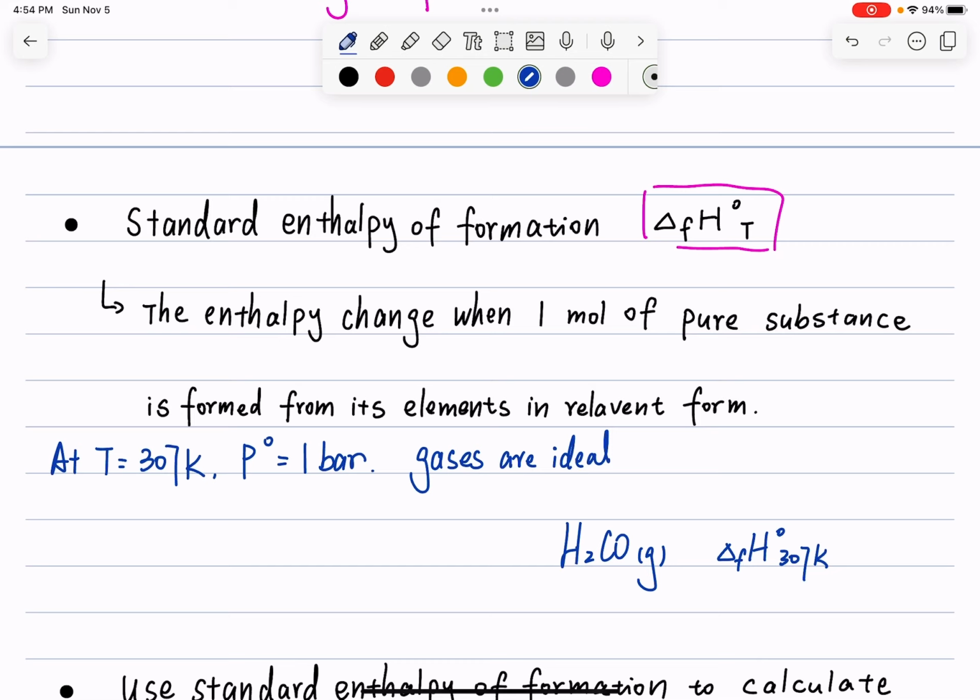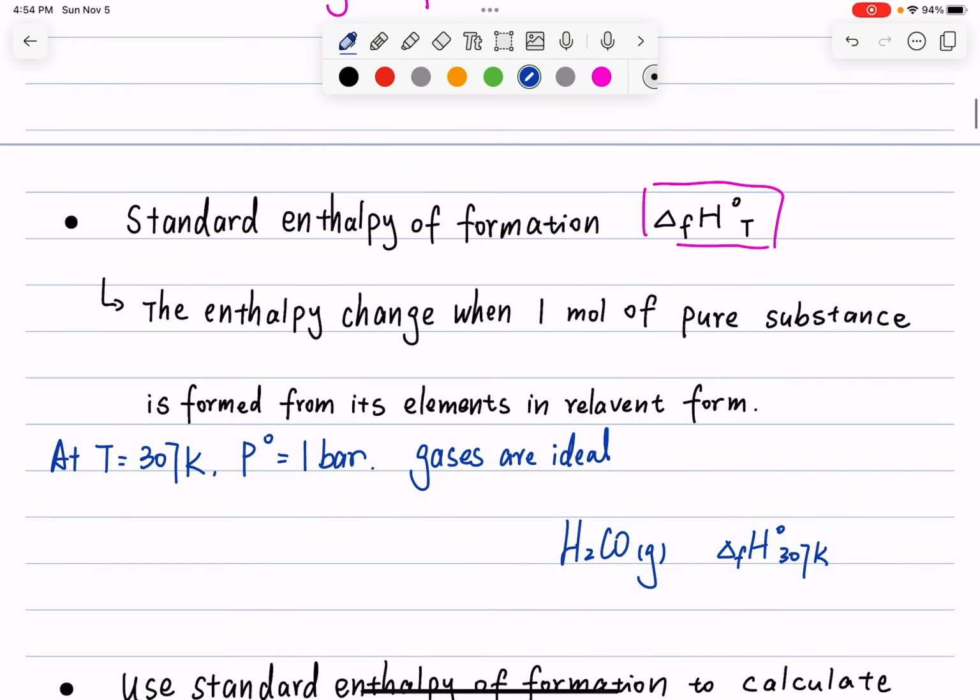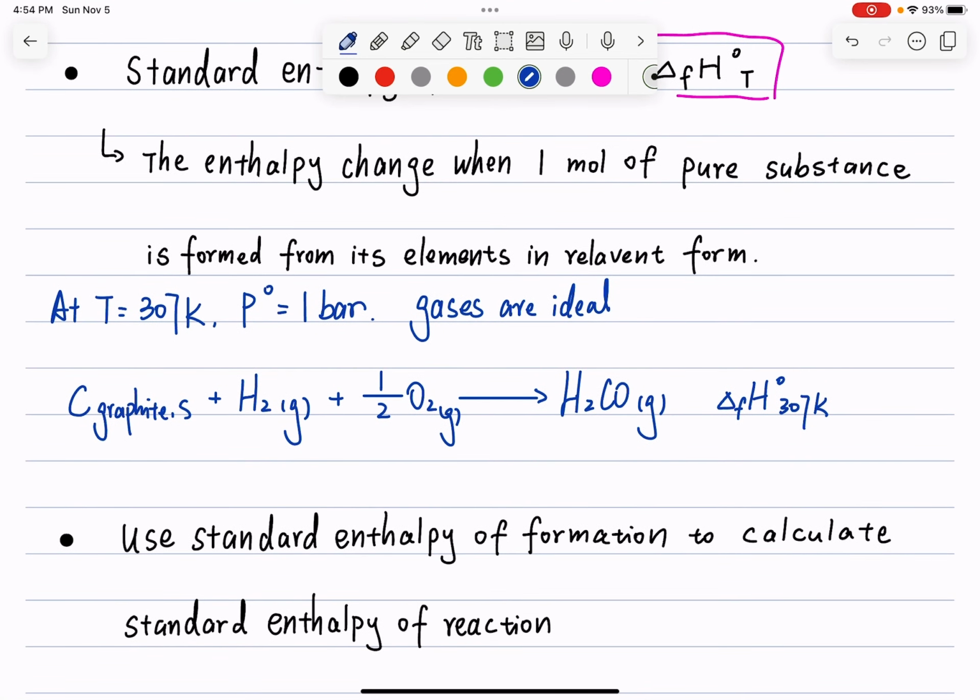You can find that in your thermodynamic table, and in this case, the relevant form of that pure substance, like carbon, is going to be carbon in graphite solid, plus hydrogen in its ideal gas form, plus 1/2 of oxygen in its ideal gas form. Knowing how to write it out is also something you may want to practice.